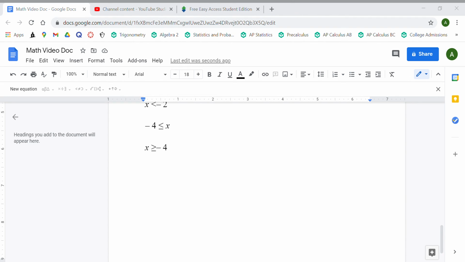Alright, now, knowing that we have an open circle at 2, we gotta say it's less than or greater than, right? It cannot be equal to 2. And then notice that we are shading to the right.